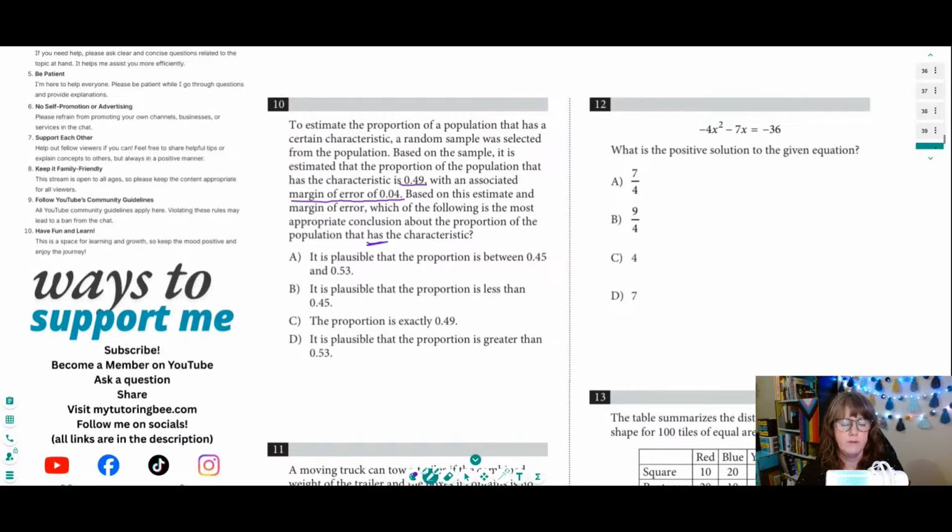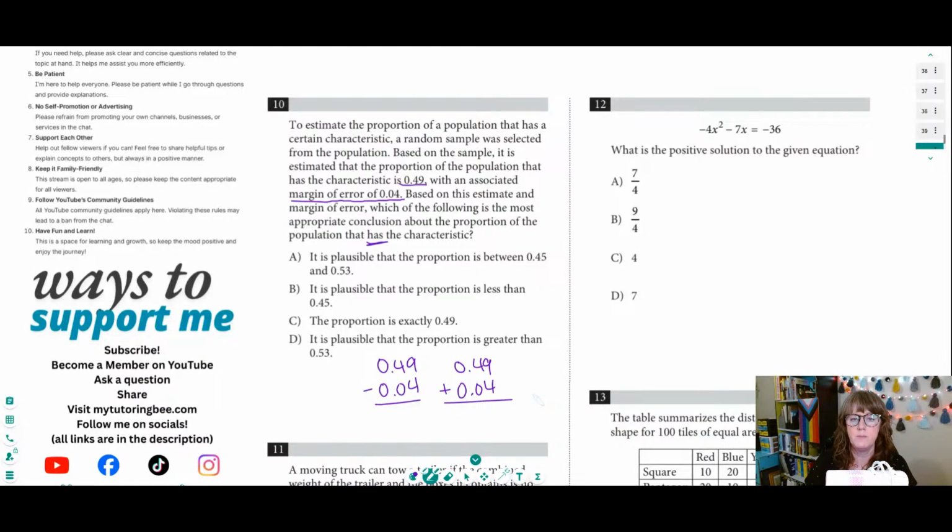So what all of this means, this is a lot of information. What all of this means is that the estimated, we'll say average, is 0.49. But a margin of error means that it could be this much less and it could be this much more. And so that's exactly what we're going to do. We're going to take 0.49 and we're going to subtract 0.04, and then we're also going to add 0.04.